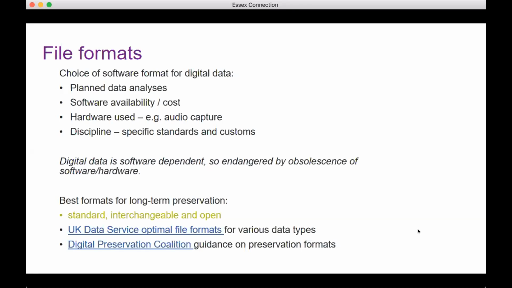For long-term preservation, the formats that should be used are standard, interchangeable, and open. For more information about what exactly that means for the data you're collecting, please see our guidance on recommendable formats. We also have a list of recommended and acceptable formats on our website, so please have a look there.